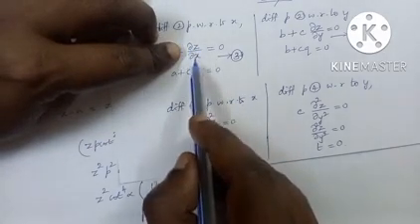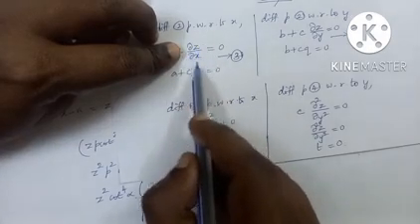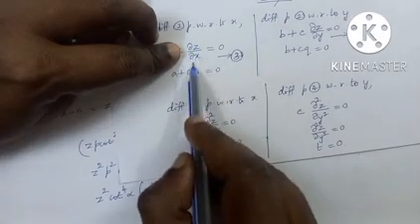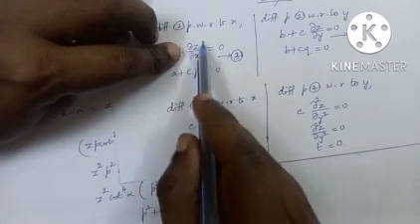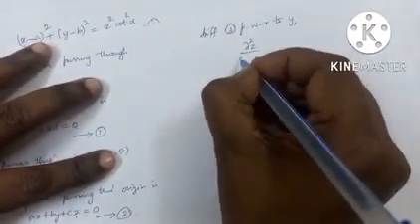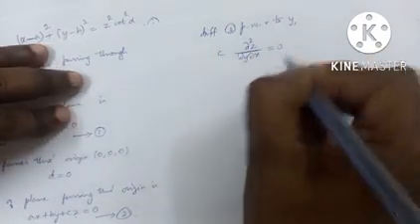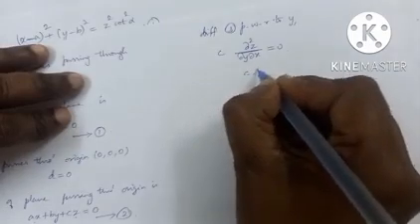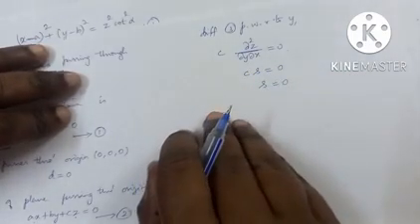It is a function of xy because z is a function of xy. Differentiate it with respect to y, dou by dou y of dou z by dou x, which is dou square z by dou y dou x. We have outside c equal to 0. So which is c into s equal to 0, or s equal to 0.